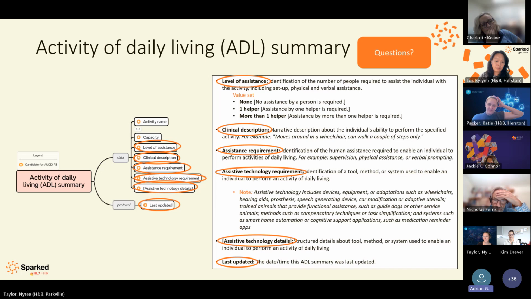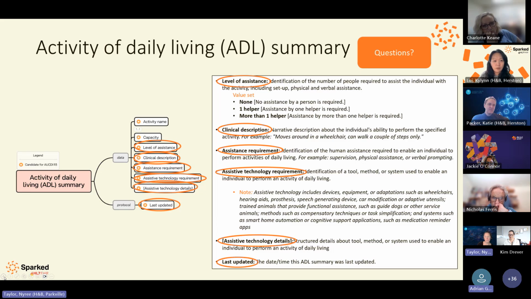So I'm just wondering if you need a comment field so that if necessary, clinicians can add in the basis that they've come to those decisions around specific capacity, specific assistance requirement, etc. For example, hearing loss, you could say, well, they had an audiogram which showed that their hearing in the left ear was 50 decibels, and it was 70 in the right ear.